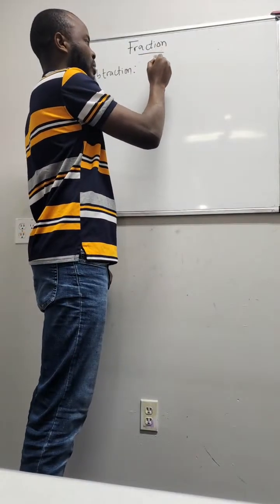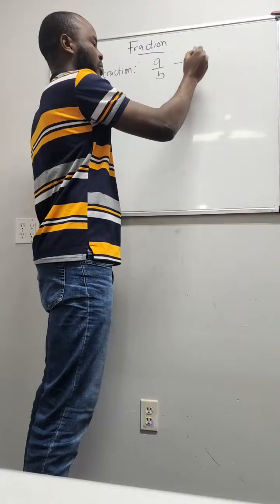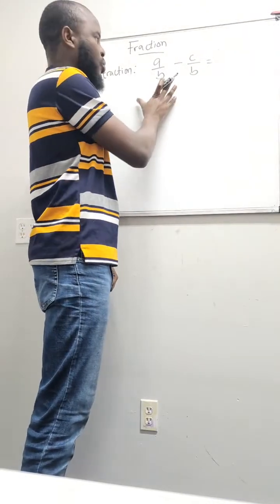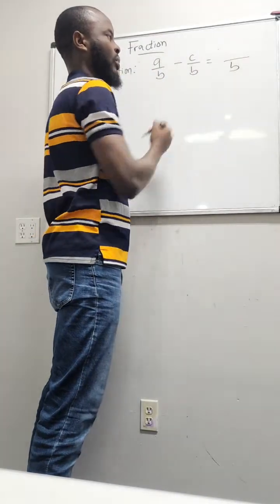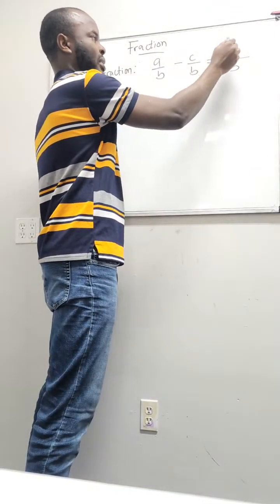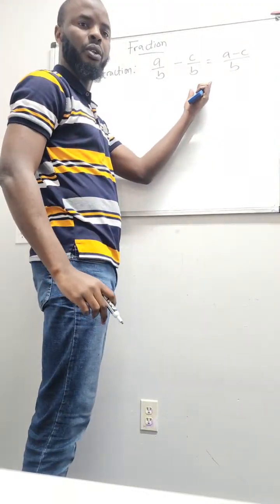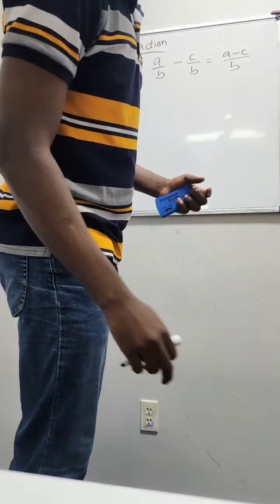Let's go back to rule number 1 that says A over B minus C over B. Using this rule, when you have the same denominator, you repeat the denominator. And you can subtract the numerator. So you have the same common denominator in this case.